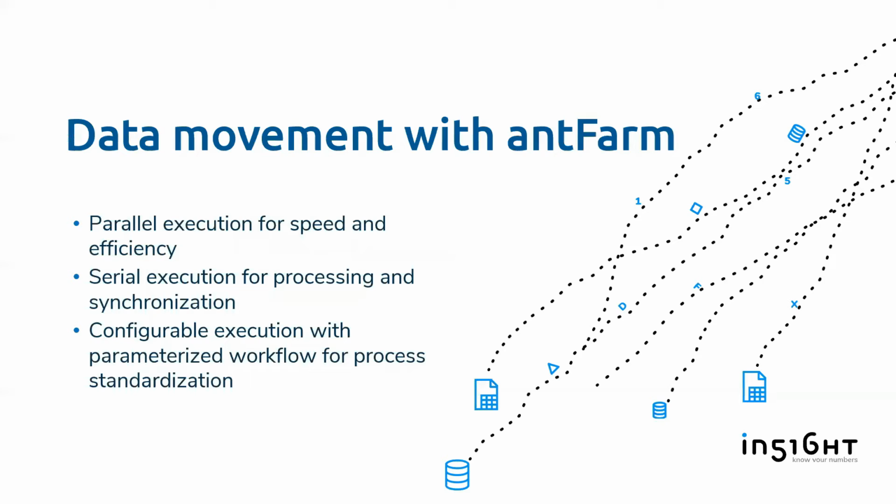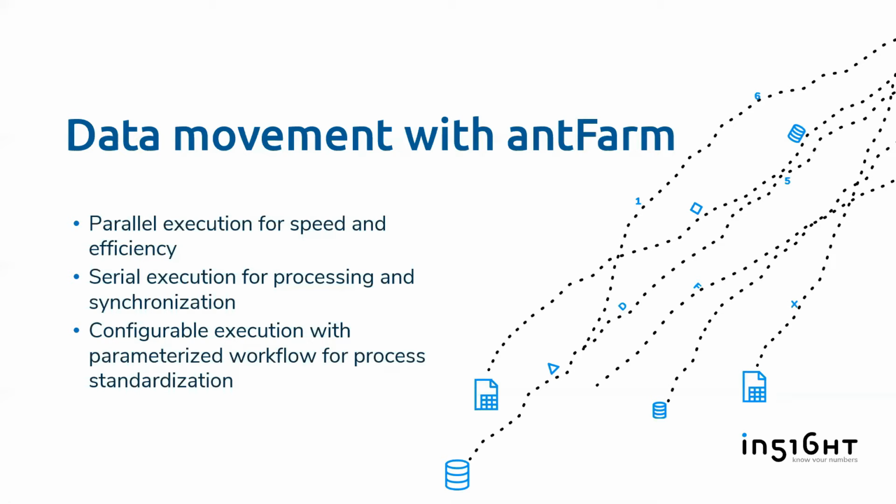So when we are moving data with antFarm, we have multiple options, as in life. The first priority of antFarm was to move data as quickly as possible. That means that we have to get data out of the source in a timely manner, so that the daily processing of the data warehouse is as quick as possible, and the users get data as timely as possible, so that it can be used at the right time.